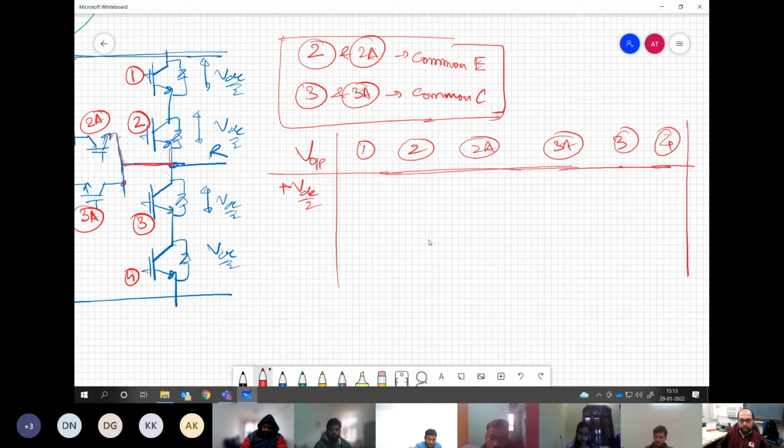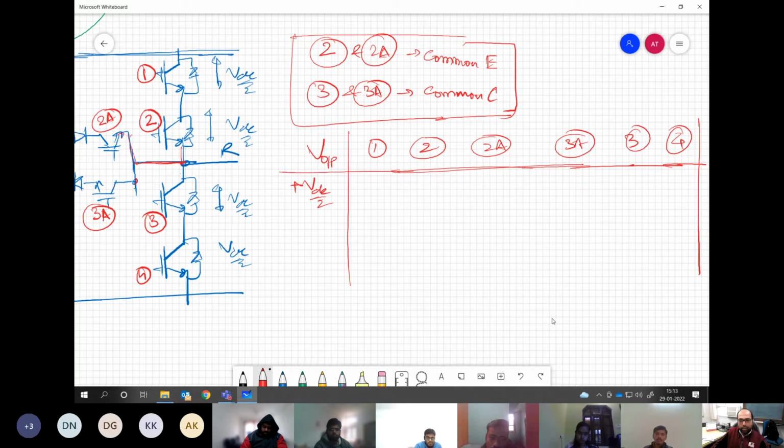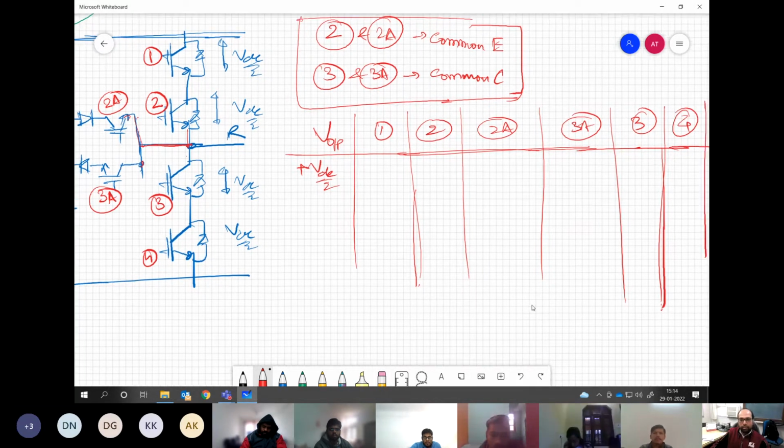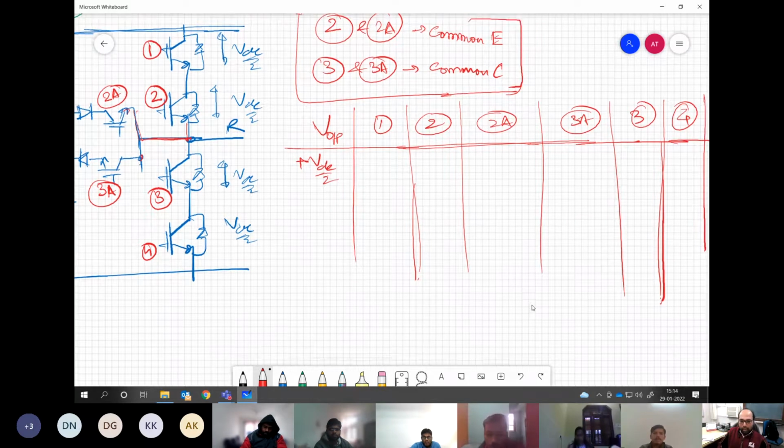Quickly you can tell what are the on and off options for these switches. Yes? 1 and 2 are on. Correct.